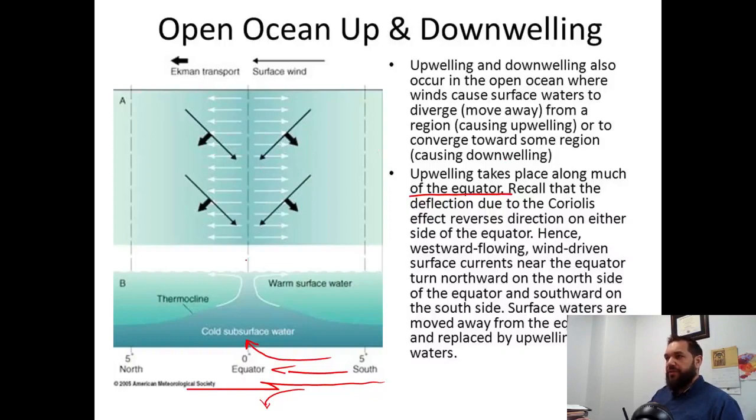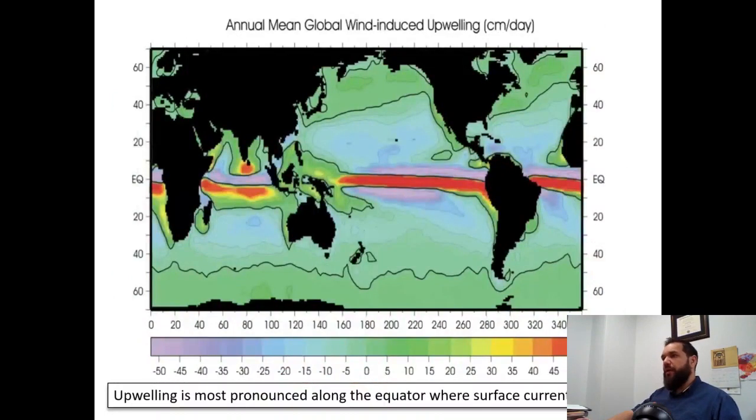So in the northern hemisphere, it's going to blow to the right. In the southern hemisphere, it's going to blow to the left, and you get divergence, and that's going to cause upwelling. So along the equator, you get upwelling.